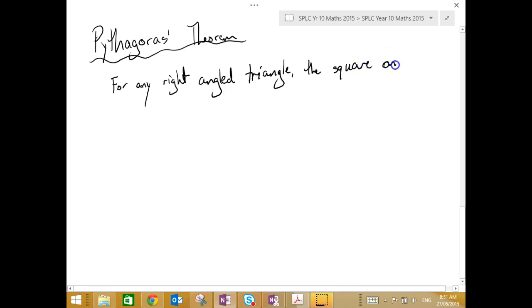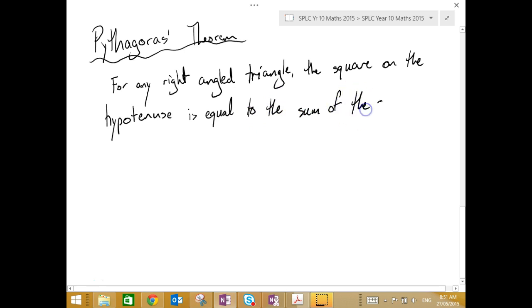The square on the hypotenuse. What's the hypotenuse, anyone? Longest side, what's it opposite? Right angle, yeah, we were doing it to death in trig, so we're all over that. The square on the hypotenuse is equal to the sum of the squares on the other 2 sides.